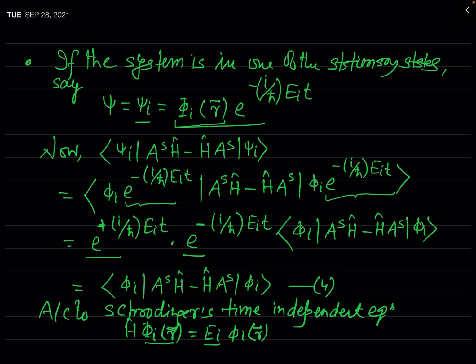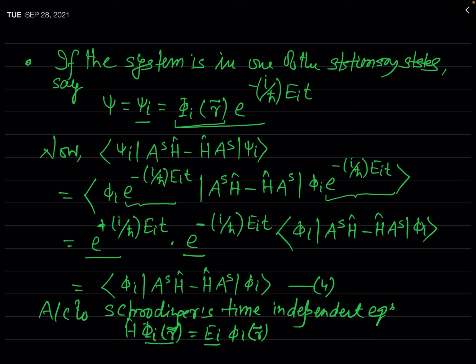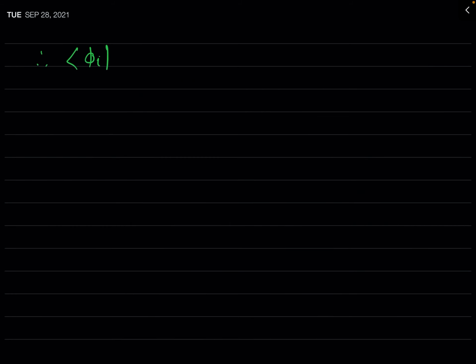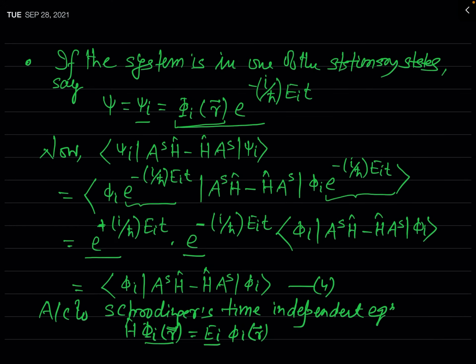In fact, this result can also be written like this. First of all, write this expression and then we will simplify it. So therefore, bra phi i, A H hat. Now one thing let us consider here. Take the minus sign outside. Then this negative term will now be positive and this positive term will be negative.